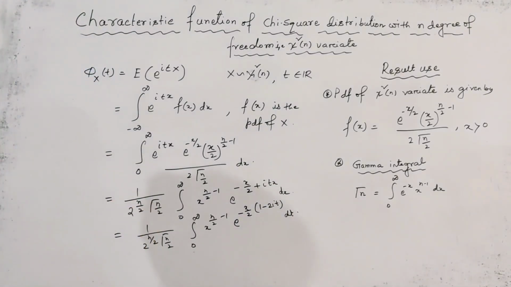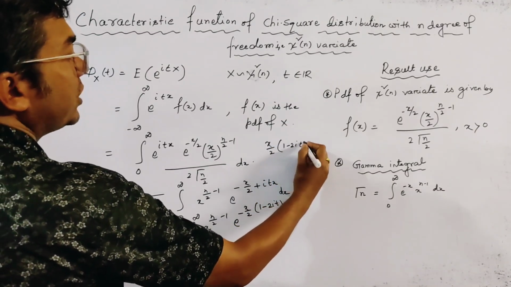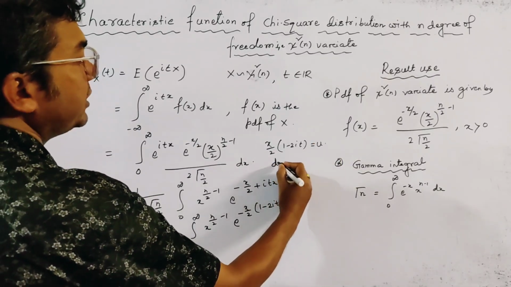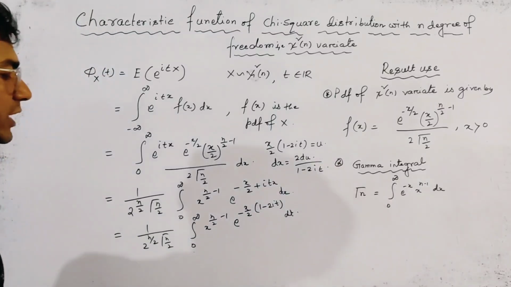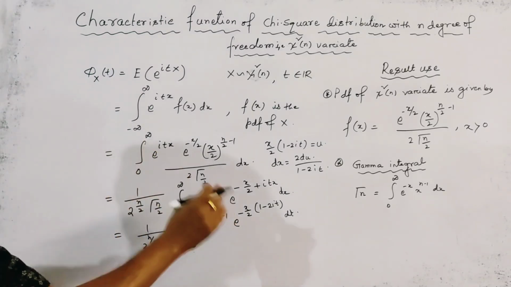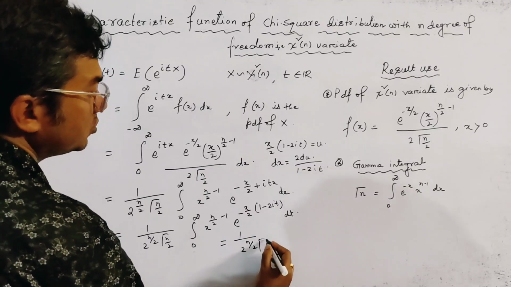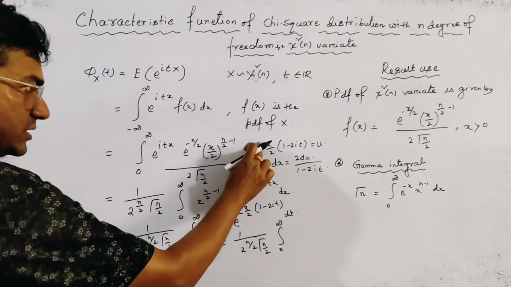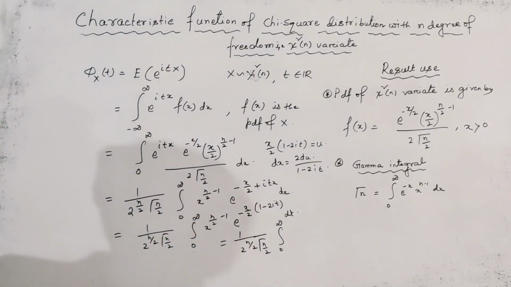Now to integrate this, we put x by 2 into 1 minus 2 i t equal to u, and we get dx equal to 2 du by 1 minus 2 i t. We put in this value and the value of x. The limits stay the same, because if x equals 0 then u equals 0, and if x equals infinity then u equals infinity.